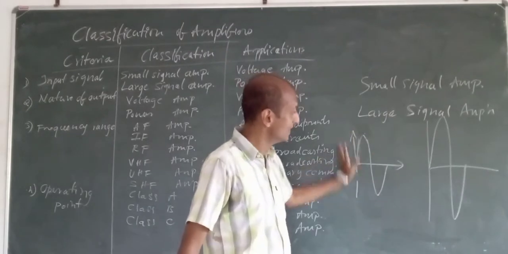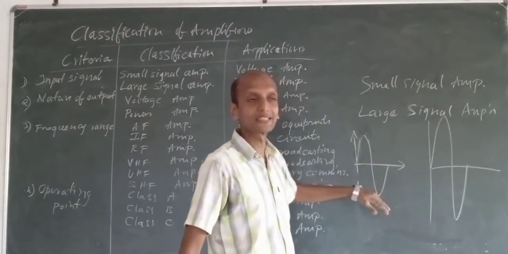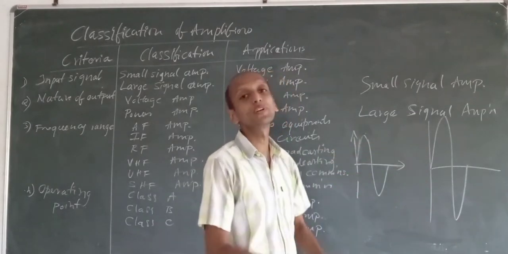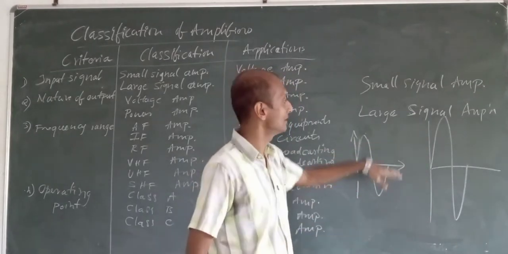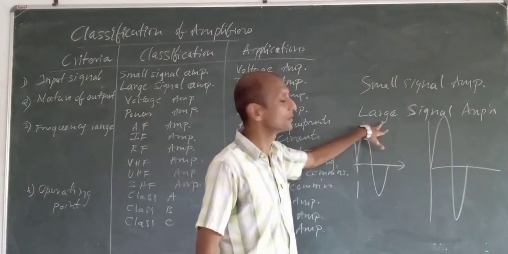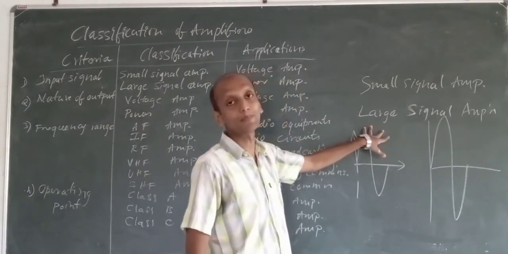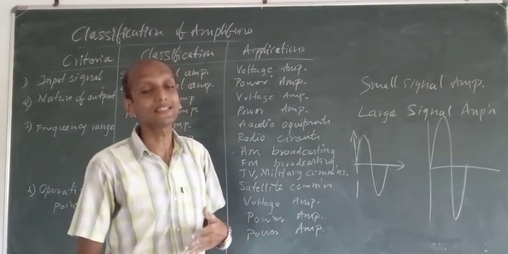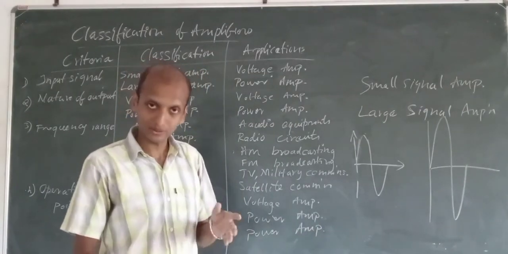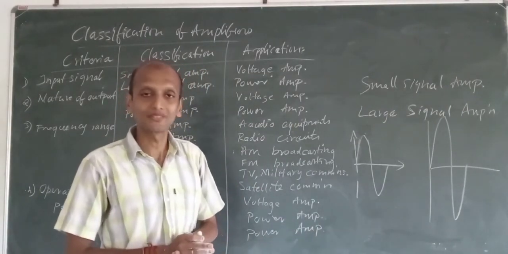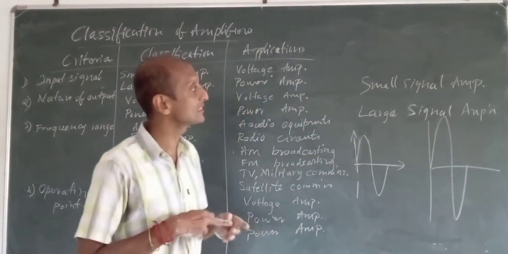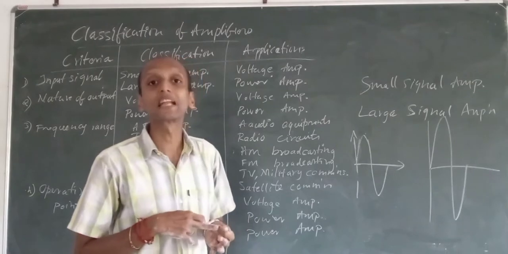If I am giving some large signal at the input, I will get a still larger signal at the output. Such amplifiers are called large signal amplifiers, because we are giving a large signal at the input of the amplifier circuit. In that way we have two categories: small signal amplifiers and large signal amplifiers.